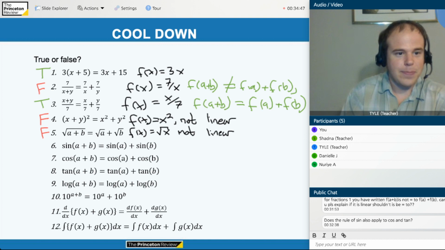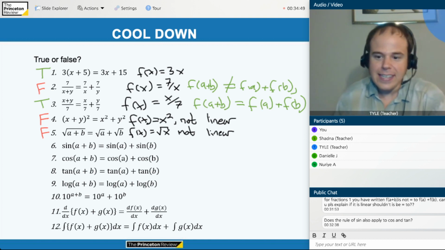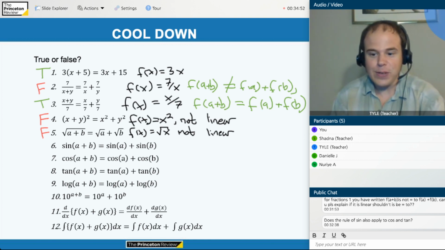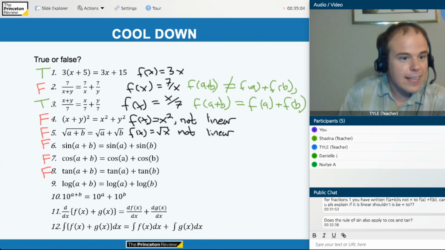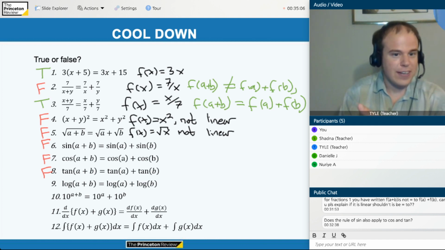Okay, and then, good, I see a question. Does the rule of sine also apply to cosine and tangent? Yes, absolutely. In all 3 of these cases, all 3 of these are false, and that's because none of these trig functions are linear.